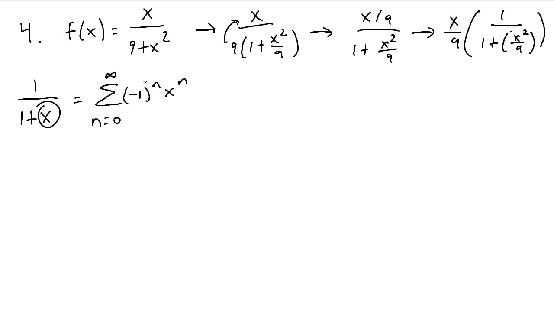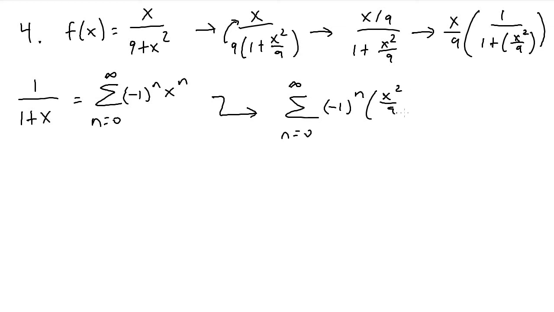So wherever we have x in the series, we're going to replace that with x squared over 9. So the series is going to be from n equals 0 to infinity of negative 1 to the n times x squared over 9, the entire thing to the n power. And don't forget, we have x over 9 out front, so we can just multiply it.